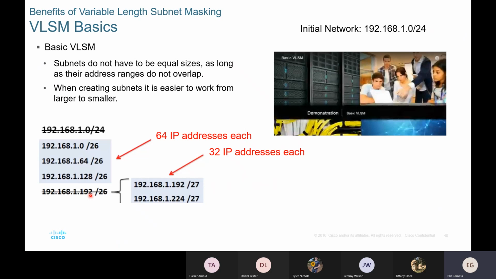Now we can, for example, take the fourth subnetwork, which has 64 IP addresses, and divide it in 2 subnets. And each subnet will have 32 IP addresses. If I do that, I have to go by step of 32 here in the 4th byte. So 192 plus 32 is 224.